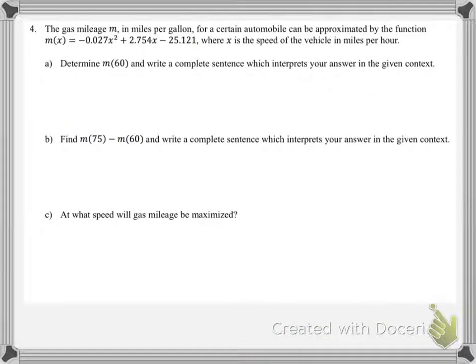So then this last question really is just kind of review from the beginning of the semester. So we talked at the beginning of the semester about net change, right? So net change, we're just doing it with a quadratic function instead of a linear one. And then just interpreting inputs and outputs.